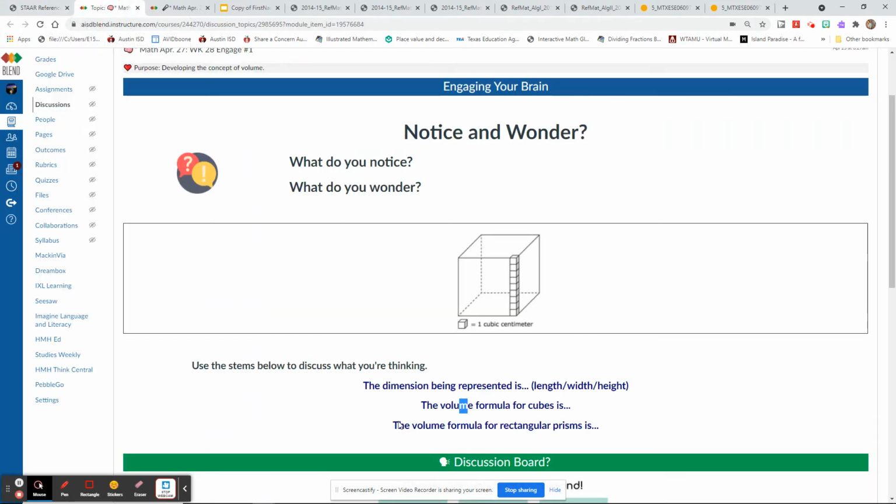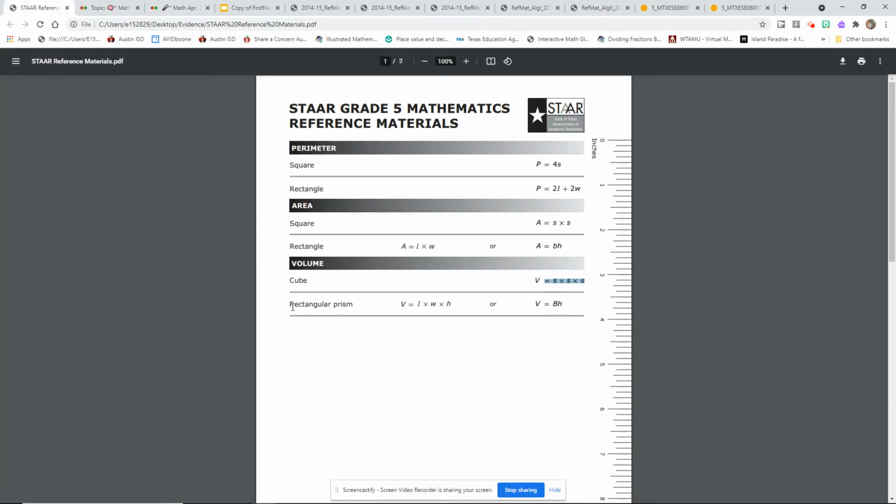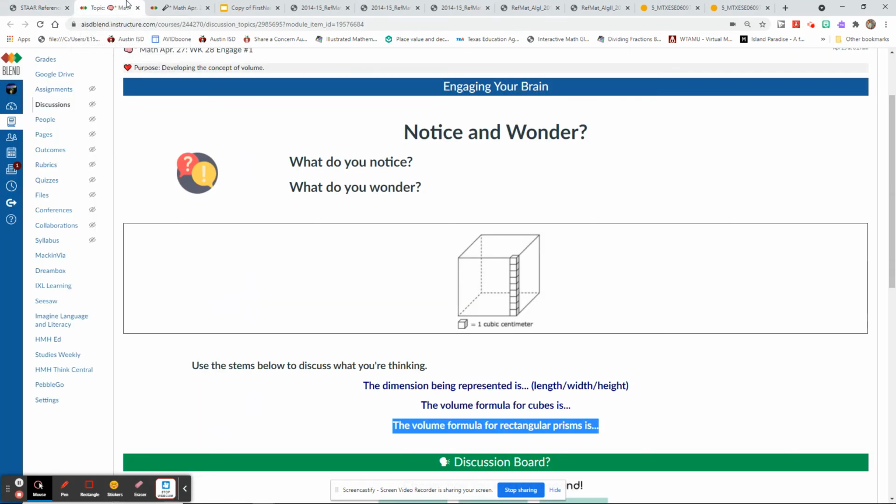When you're trying to find out how much can fit inside a rectangular prism, the volume formula is volume equals length times width times height. If it's a cube, volume can be side times side times side because all the side lengths are the same. With a rectangular prism, you do need to specify length, width, and height.